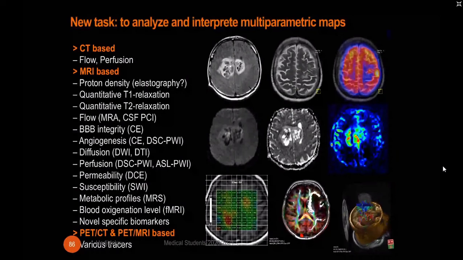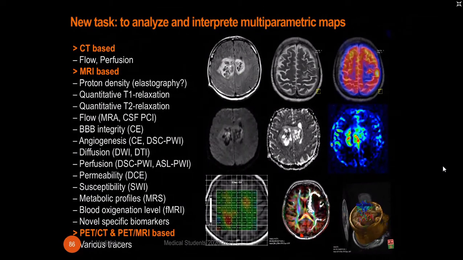So if our task is based on the CT, we should report about the flow and the perfusion of the lesion. And if we are performing an MRI, there is a huge list of tasks that we should respond to: the proton density, the relaxation, the angiogenesis, the diffusion, perfusion, permeability or susceptibility assessment of the lesion.